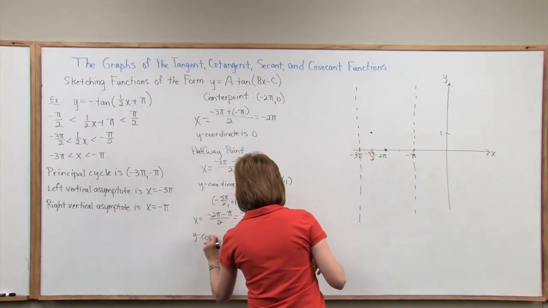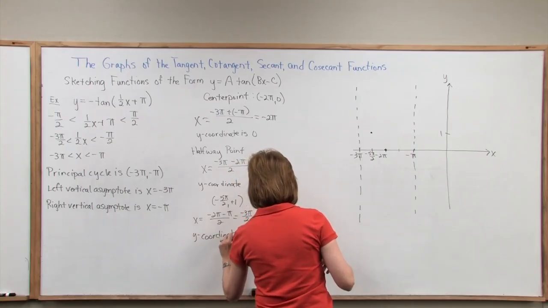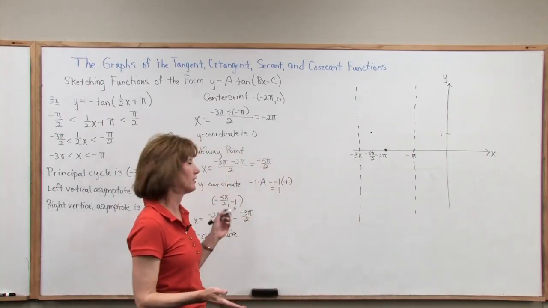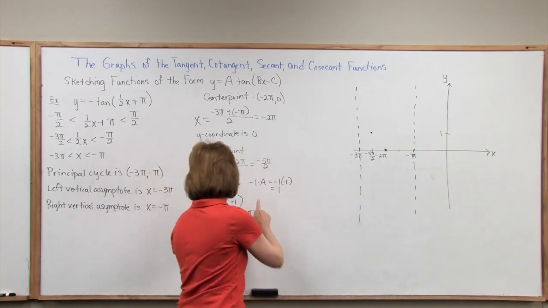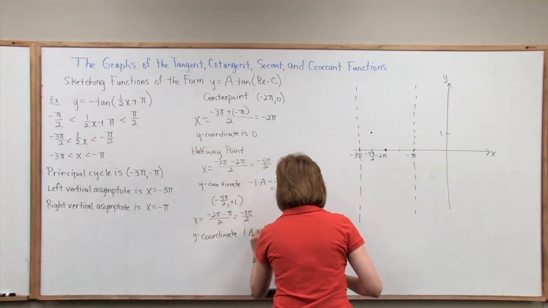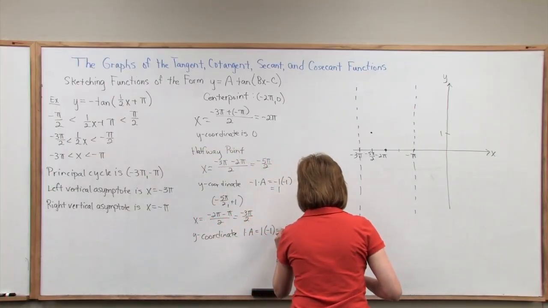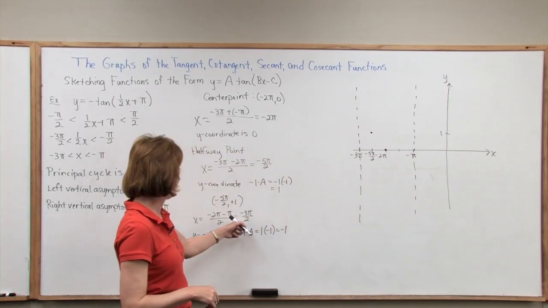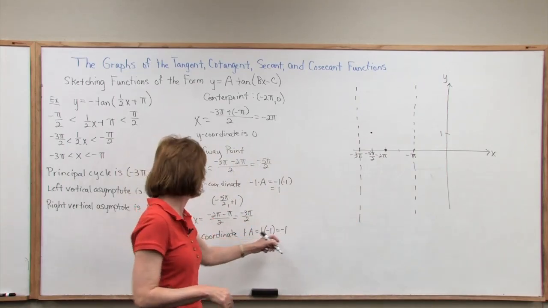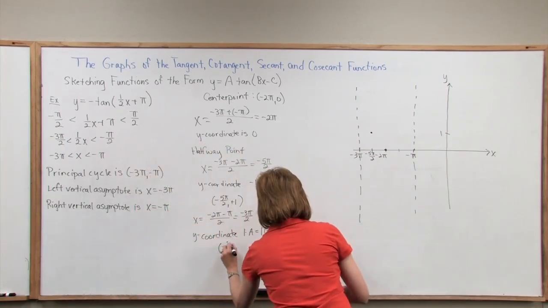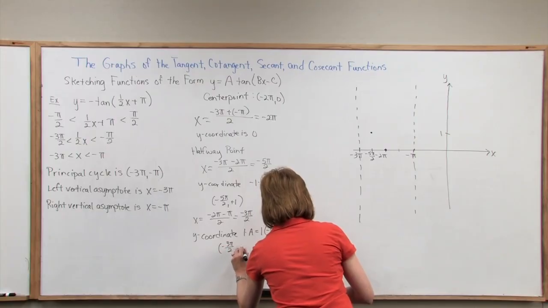And the y-coordinate you find by taking the y-coordinate for the basic tan x, which is positive 1, times a. And again, a is negative 1, so the y-coordinate of this halfway point is negative 1. So this point would be negative 3 pi over 2, negative 1.